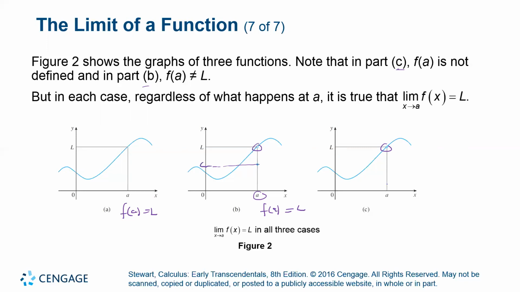Over here too, f of a is not equal to L. However, the limit value as x approaches a for the function, for each of these, is L. If you approach it from the left, it's L. If you approach it from the right, it's L. For this one, if you approach it from the right, it is L. If you approach it from the left, it is L. This one is the same.